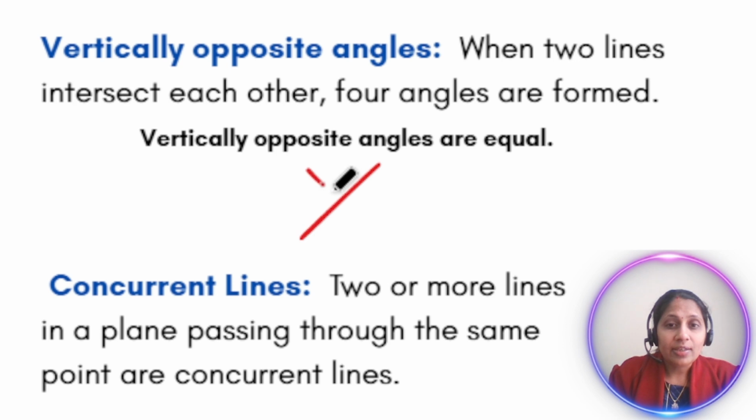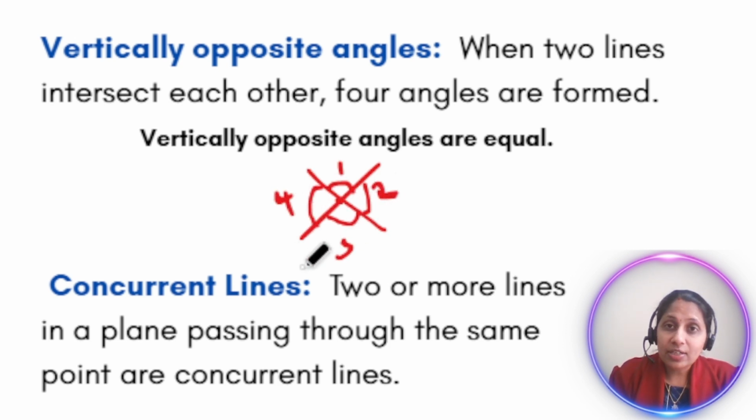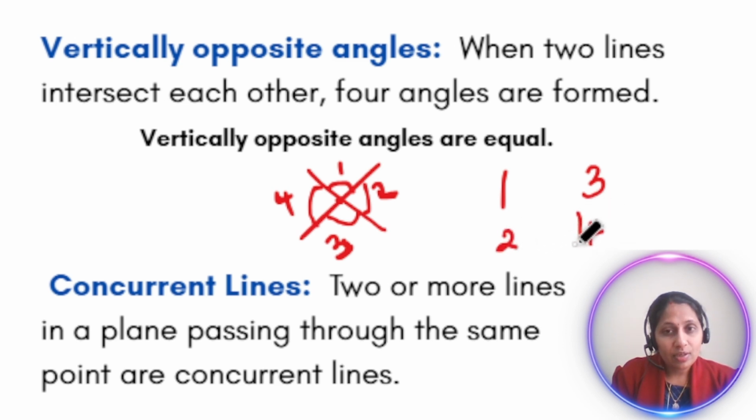When two lines intersect at a point, then you will get four angles, right? 1, 2, 3, and this is 4. What is this vertically opposite? As the name suggests, they are just opposite to each other. Say, for example, in this, the opposite angles are 1 and 3, 2 and 4.